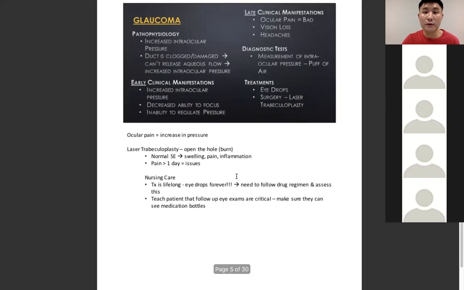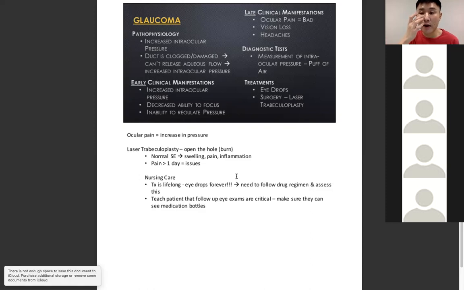All right, let's move on to glaucoma. Like I said earlier, glaucoma is an increase in intraocular pressure that may progress to permanent vision loss if there is no prompt treatment. Basically, the aqueous duct, where the water from the eyes is drained, is clogged or damaged.